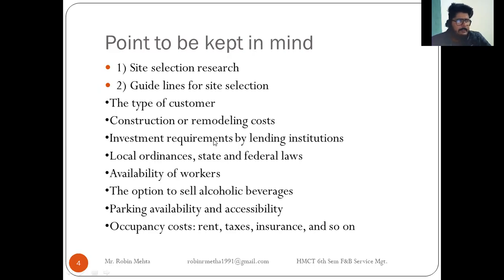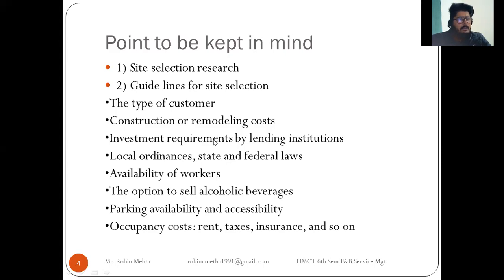Okay, and next, guidelines for site selection. There are some guidelines: the type of customer, which I already told you, the client's age, and the spending power of our client, for whom we are going to open our restaurant. Construction or remodeling cost: what type of construction cost there is over there. If we are opening a restaurant in our local area, then we already know.